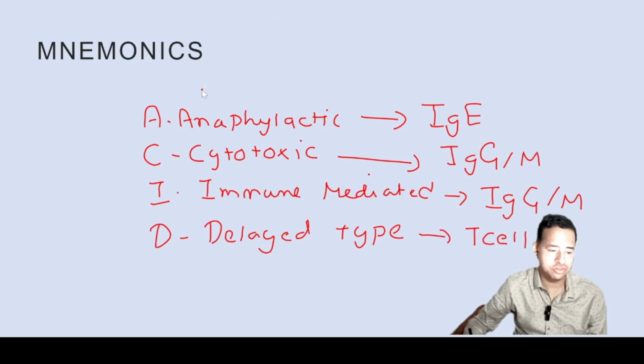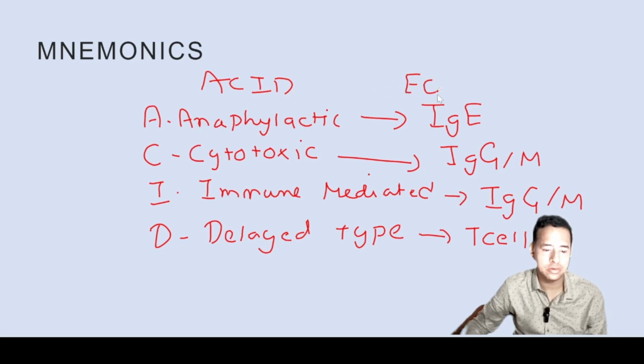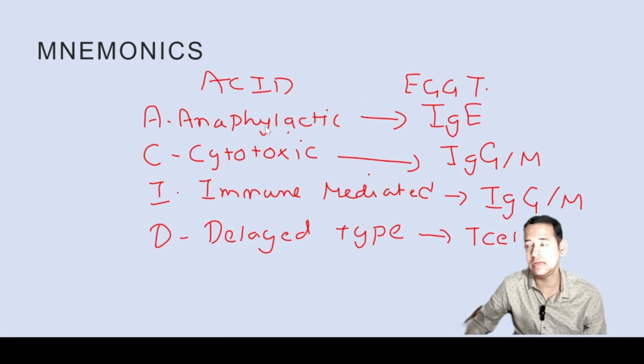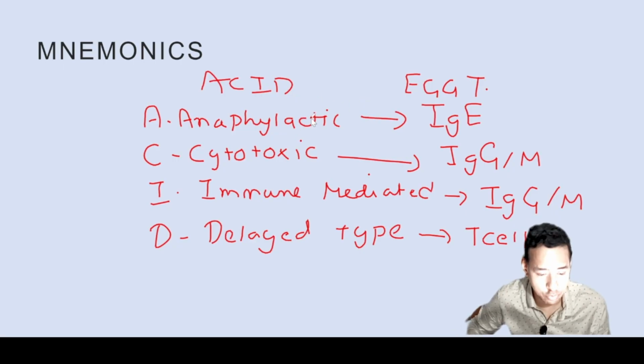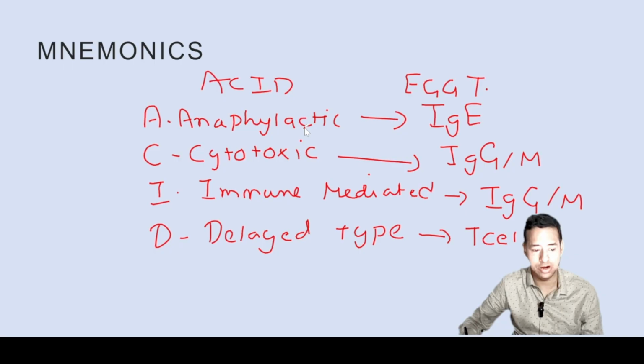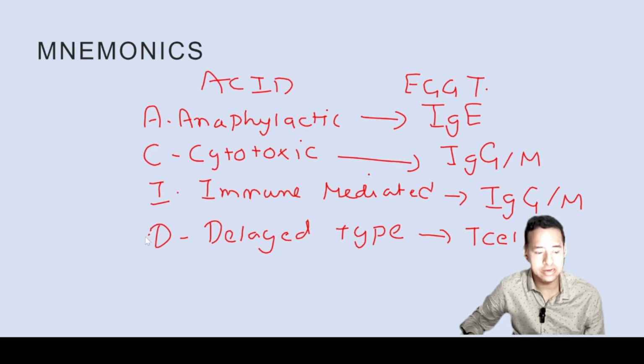So this is ACID, and this is EGGT. Okay, this mnemonic simplifies and avoids most of the confusion you have in pathophysiology. So this is the way you can easily memorize.